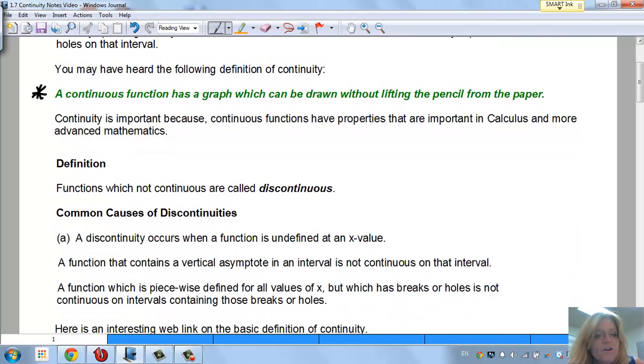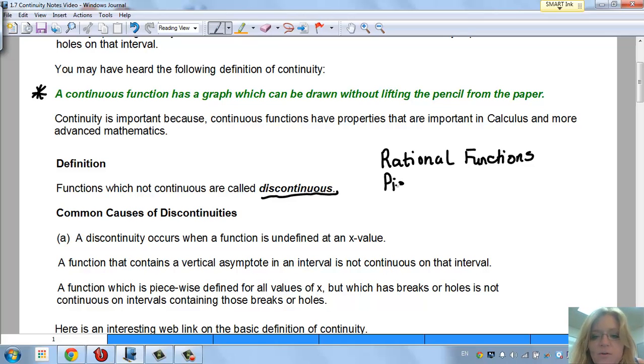Definition. Functions which are not continuous are called discontinuous. So you'll see this term we'll be using is a discontinuous function. Let's talk about some discontinuous functions that we looked at. Well, we've already done rational functions, and they usually will have an asymptote of some sort. So rational functions have some discontinuity to it. Not all, but a lot of them do. We had some piecewise functions that we've talked about.